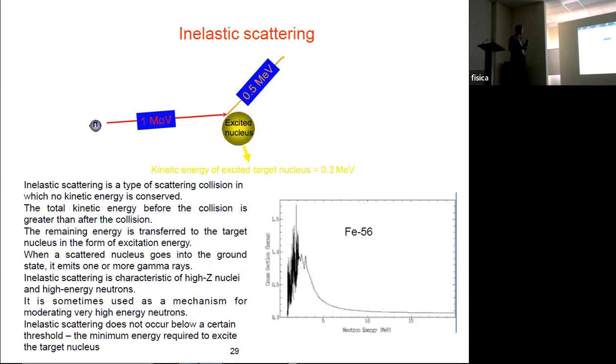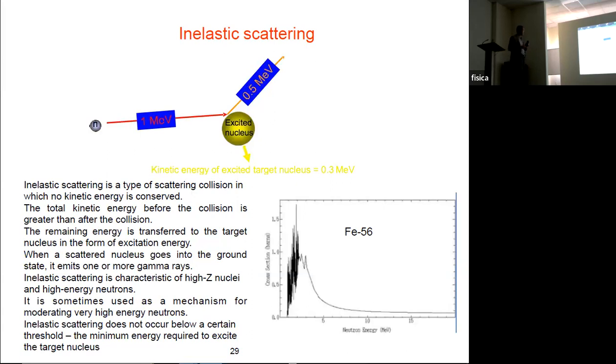So the second process is called inelastic scattering. In this case, not all the kinetic energy is divided between the scattered neutron and the nucleus, because some energy goes to the excitation.